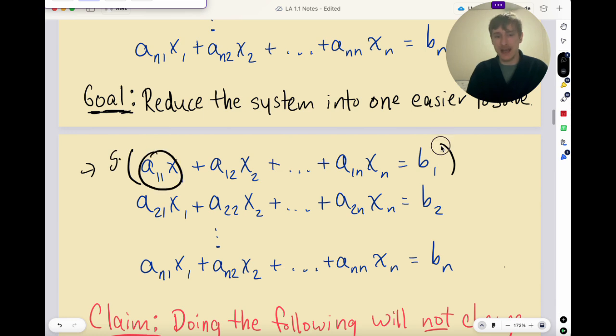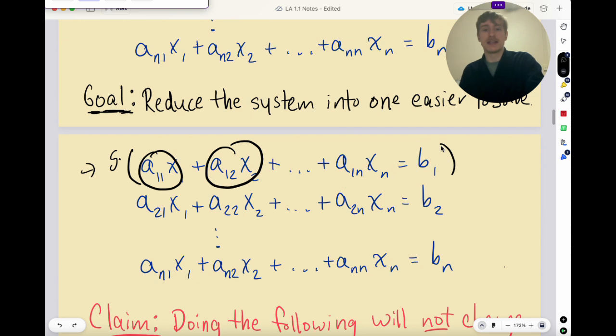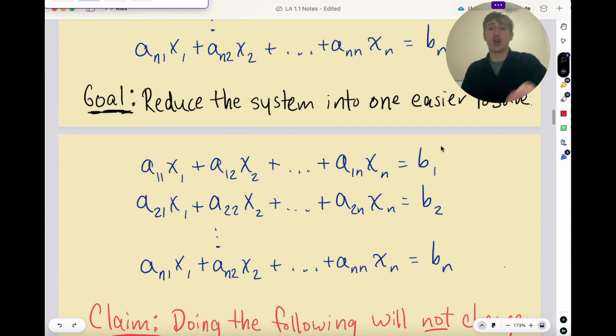I take this times 5, that times 5, all the way up to this times 5, and this times 5. If I do that, I will not change the solution set. Again, hopefully this makes sense, because if I want to revert to the original equation, I can very easily just divide everything by 5. So that's not really going to change anything, but it is still something worth talking about.